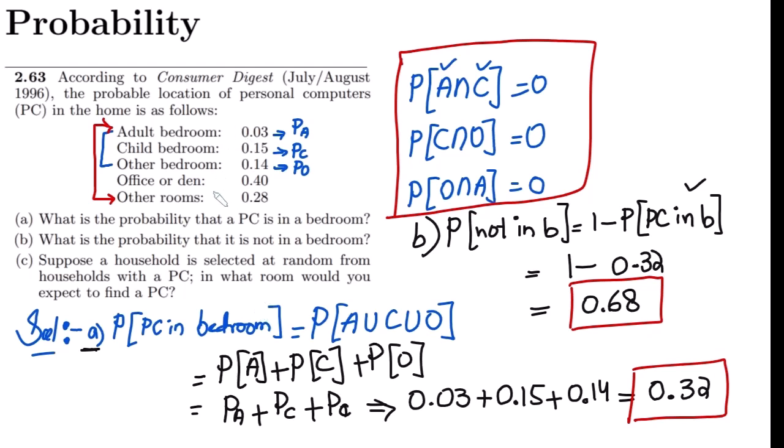So if I have to pick a house at random from the different houses having a PC, I can expect here that the higher probability of the availability of PC is 0.40, and that is in the office or den. Okay, so it is highly probable that I will find that PC in the office or in the den. This is basically the solution of part C.